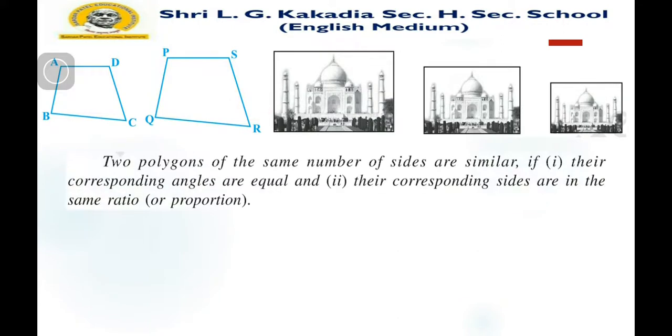So polygons means having three or more than three angles; we can say that it is a polygon. Two polygons of the same number of sides means, if you take a hexagon, in that shape there are six sides.